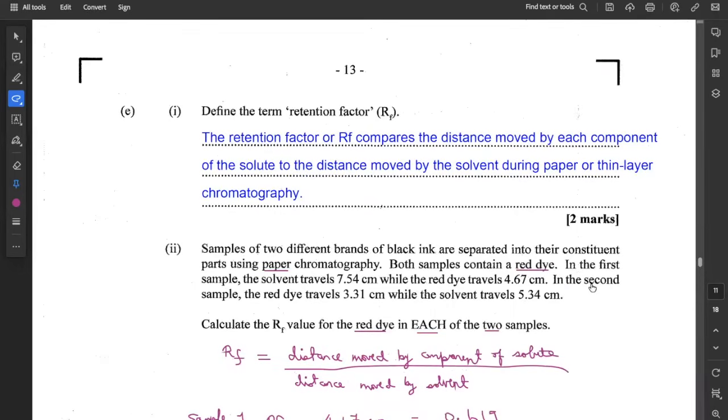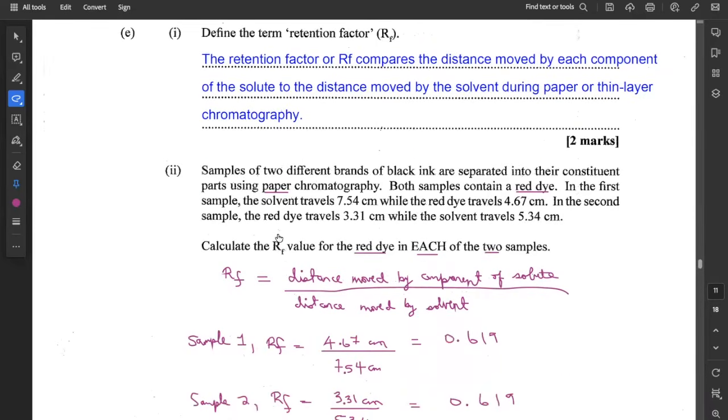In the second sample, the red dye travels 3.31 centimeters, while the solvent travels 5.34 centimeters. So now they're asking us to calculate the RF value for the red dye in each of the 2 samples.